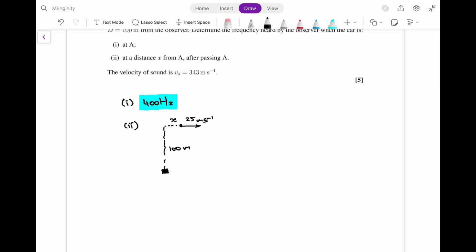In this case, let's say this angle is theta, and so therefore tan of theta will be equal to x over 100.